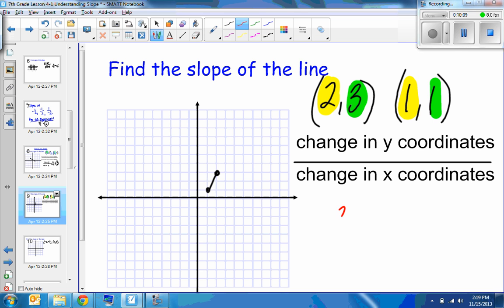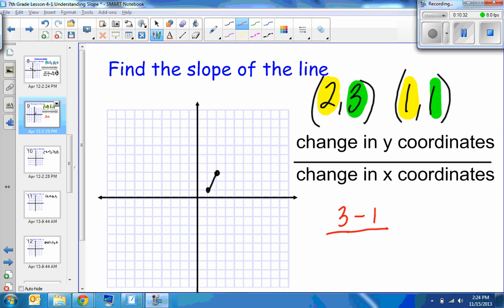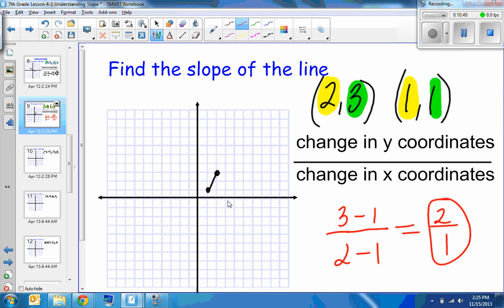So again, change in y, which is 3 minus 1, and then our change in x, 2 minus 1. So 3 minus 1 is 2, 2 minus 1 is 1. So the slope is 2 over 1.